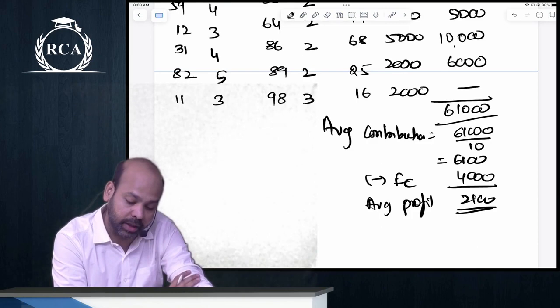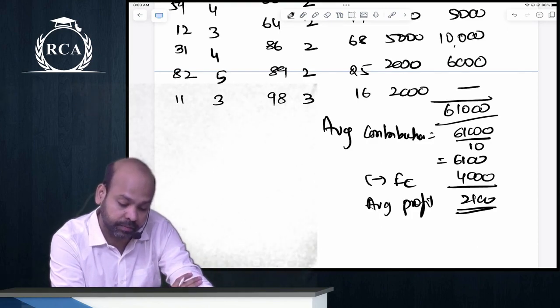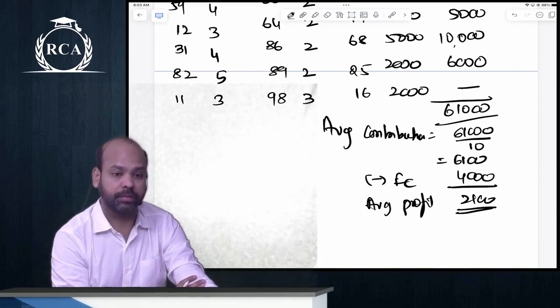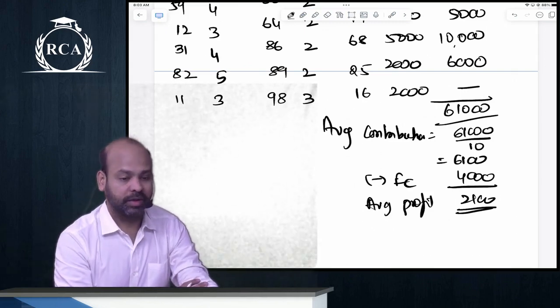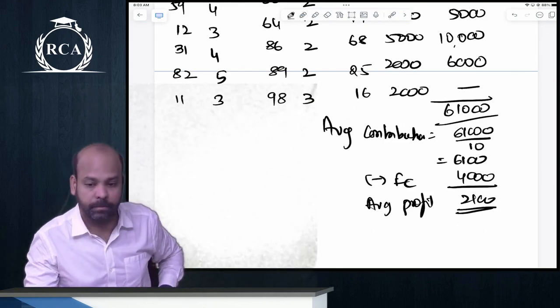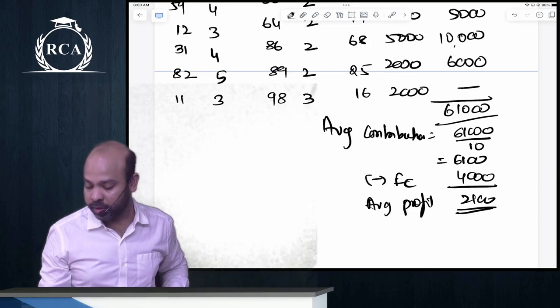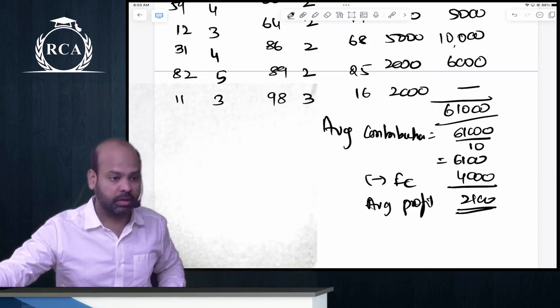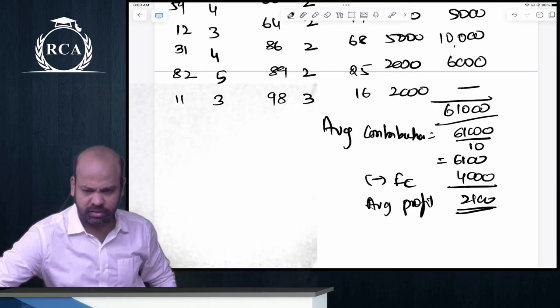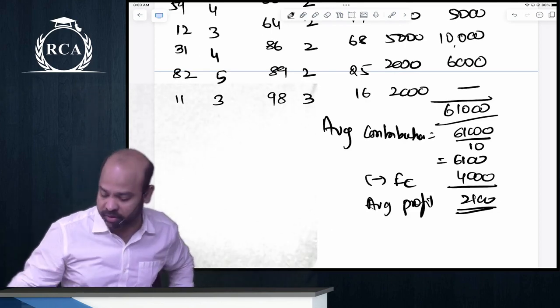What do you understand by decision tree analysis, guys? Has everyone finished this? Yes, guys. What do you understand by decision tree analysis, guys? Independent variables throughout the course of the project. Variables can change. All right.